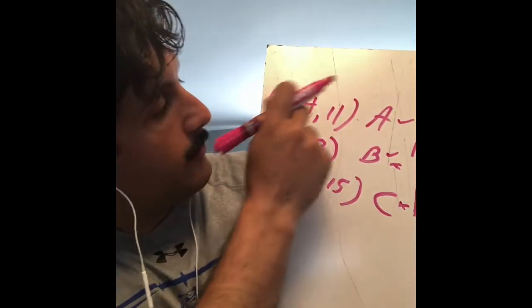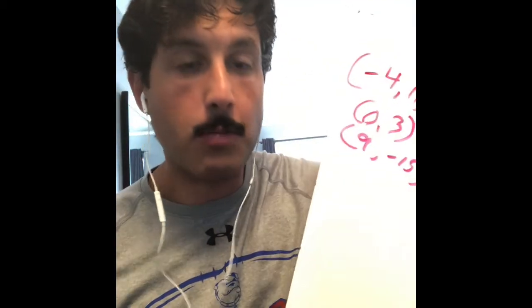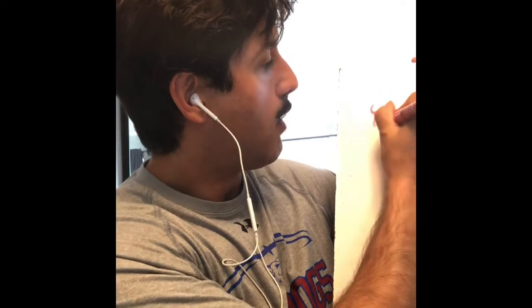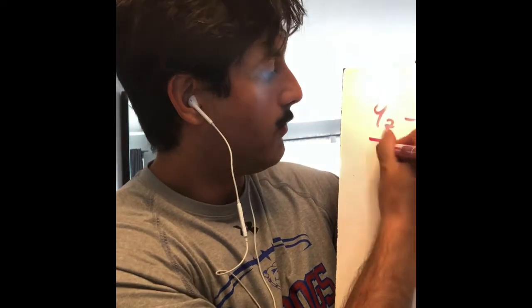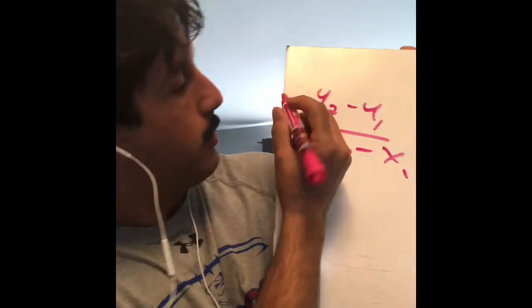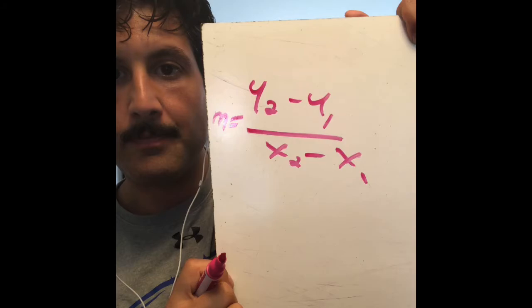So negative 4 and 11, 0 and 3. My slope equation, you'll remember, is y2 minus y1 over x2 minus x1. I just need to decide which point is 1 and which point is 2.